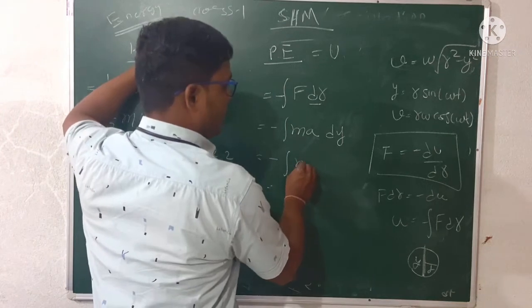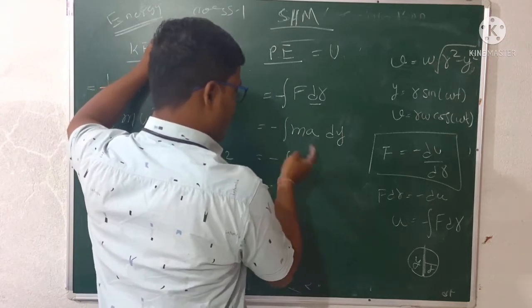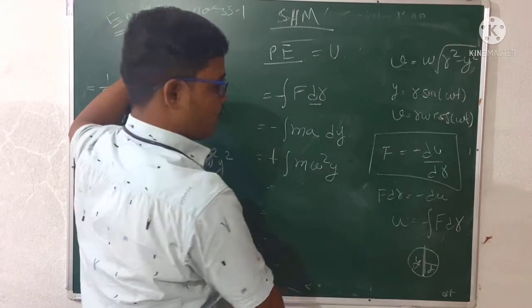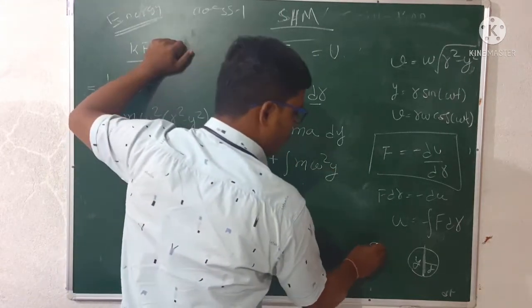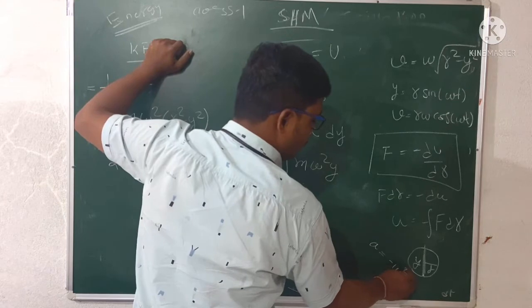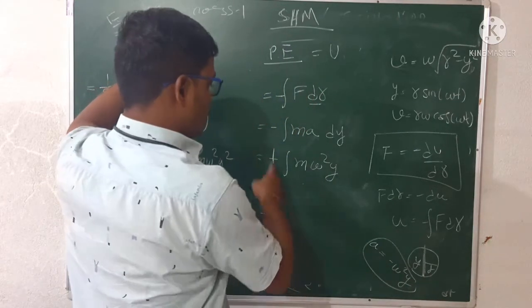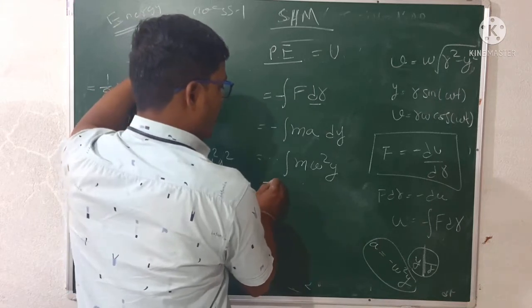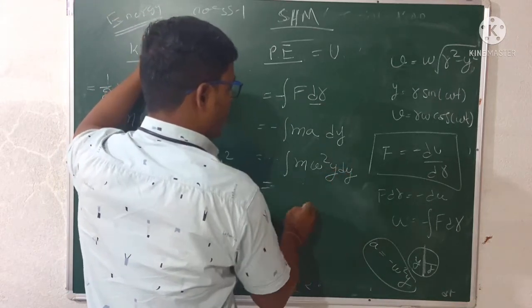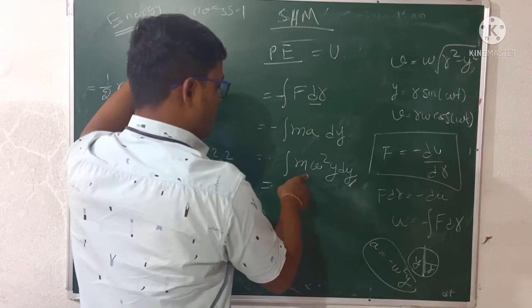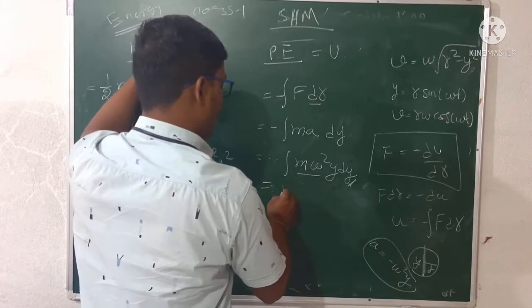So what is the acceleration? Previously we have studied that acceleration equals minus omega square y. So that minus will become plus, and we integrate with respect to y. When integrating with respect to y, the other values are constant, so they stay outside.